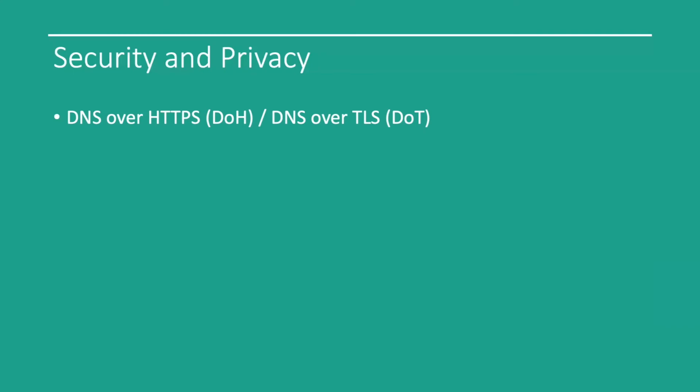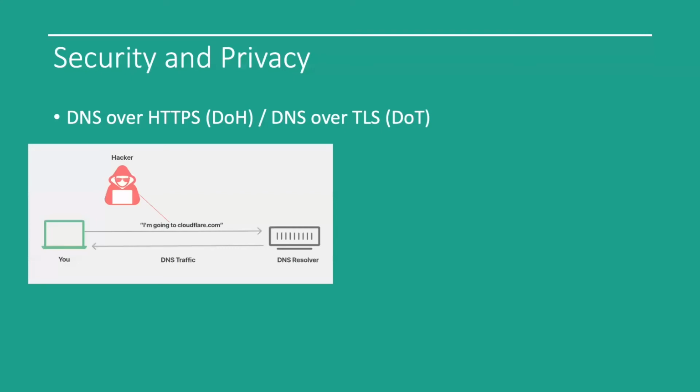Because even though you could be reaching out to a website over HTTPS and the actual content is encrypted, the connection from you to say Walmart.com or Amazon.com, that request to see who is Amazon and who is Walmart, is not encrypted by default. And that's where DOH and DOT comes in.